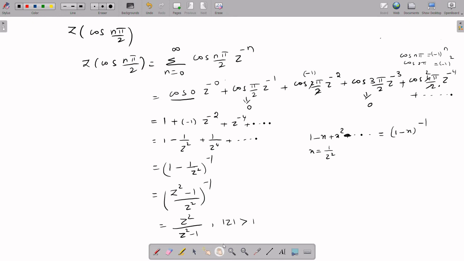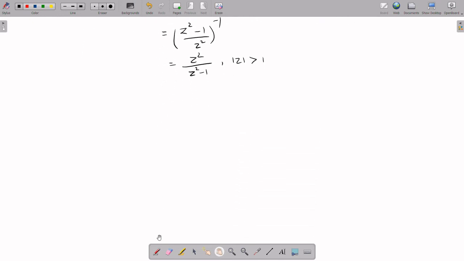Next we have to find the z transform of sin n pi by 2. In the same way, you have to apply the formula: sum for n equal to 0 to infinity of sin n pi by 2 z power minus n.